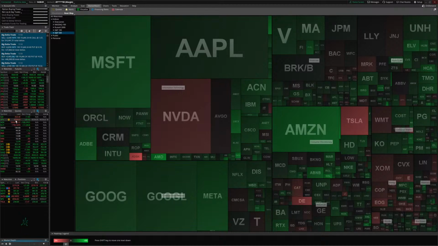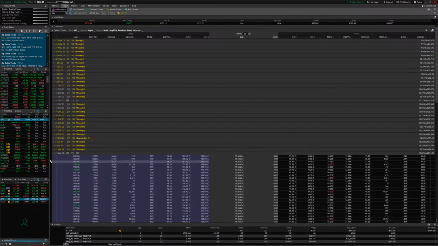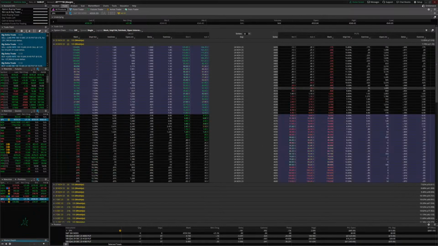All right, so let's go to SPX. Look at an options chain. There's no trading tomorrow, so if you wanted to calculate the expected move for Friday, this is how I do it.